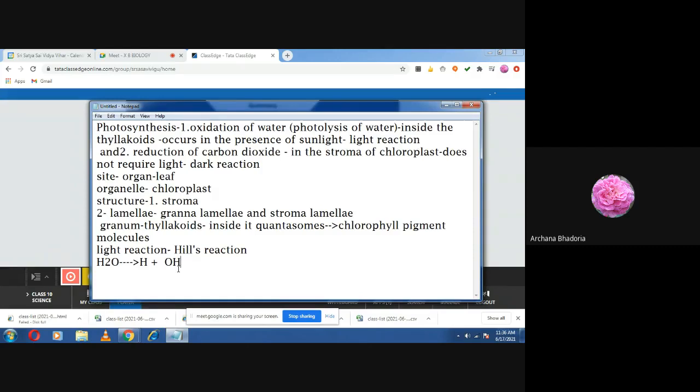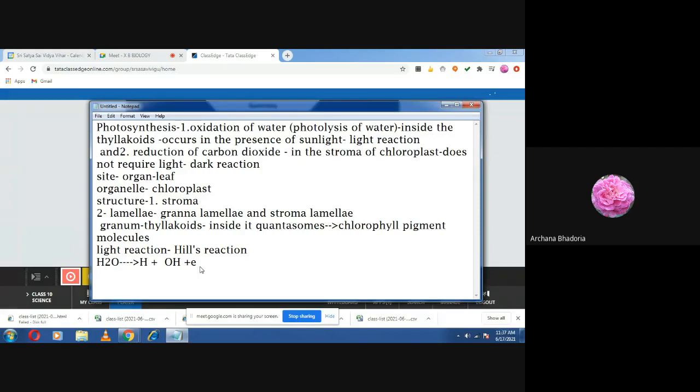Now, further, what will happen? The H positive ion plus the electrons will also be released, children. Now what will happen? There will be the formation of ATP and NADPH2.